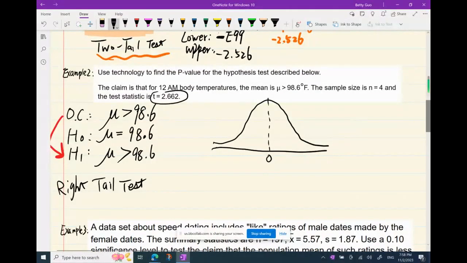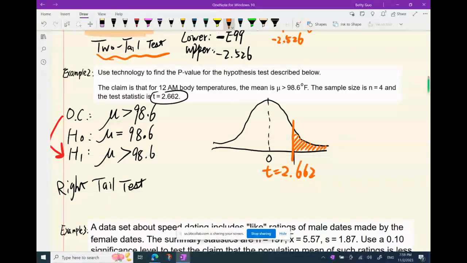So let's say it is around here, t equals 2.662. Right tail test, so the shaded region to the right of the test statistic, the area of the shaded region, would be our p-value.